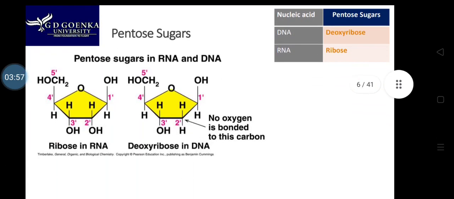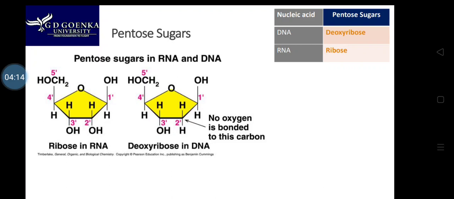Okay, so the pentose sugar: for DNA the pentose sugar is deoxyribose, and for RNA the pentose sugar is ribose. What is the difference between deoxyribose and ribose? Here we can see the structure.